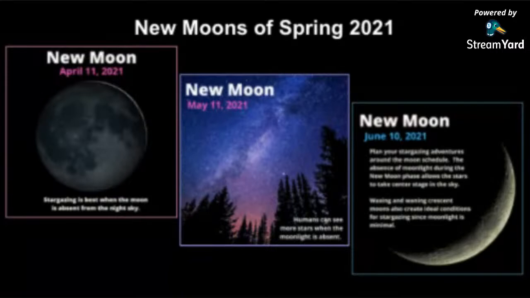These are great times to go stargazing because the light from the moon is absent. And this isn't the only day you can do it. You can do it a few days before the new moon and a few days after, because the light from the moon is either very dim or not present.